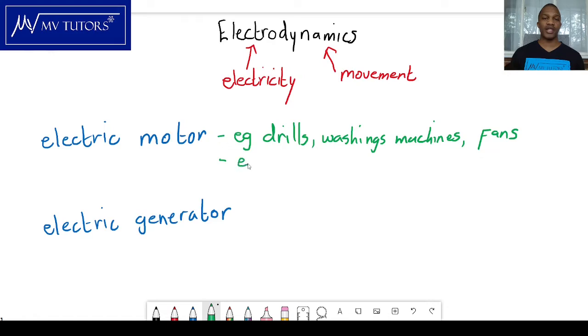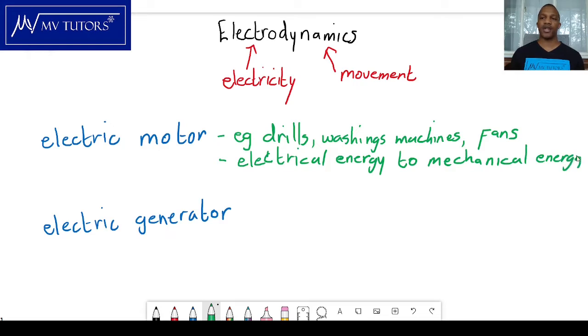It's taking electrical energy, and it turns it into mechanical energy, meaning the movement as well.